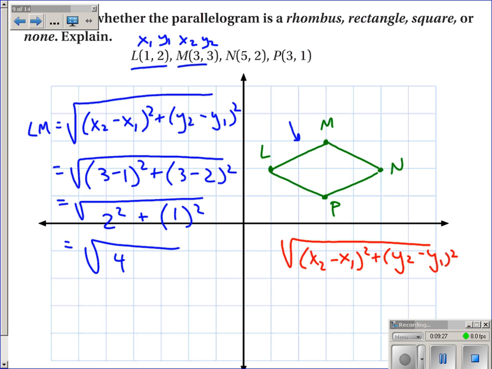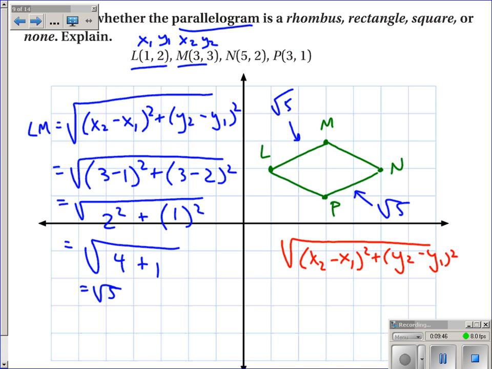Two squared is 4, 1 squared is 1. I get the square root of 5. Because they tell us it's a parallelogram, the opposite sides are the same length. That saves me some time.